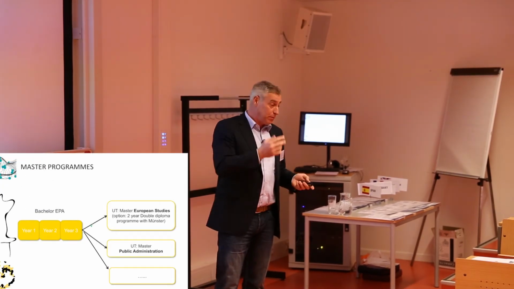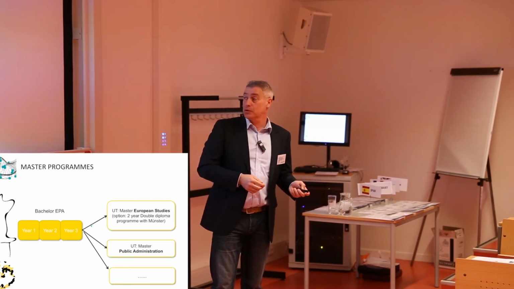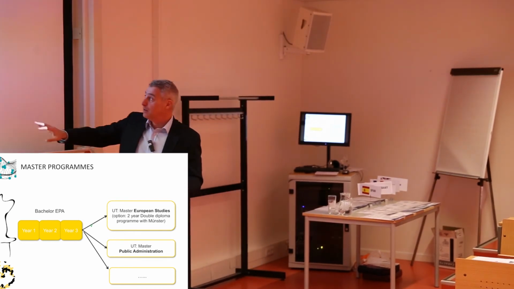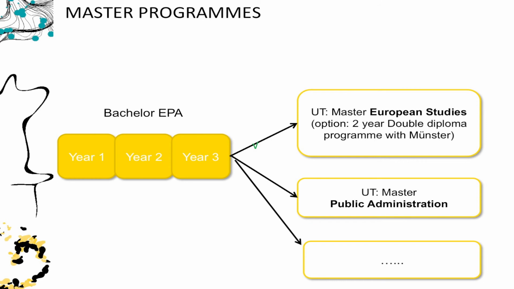You can do a master program here at the University of Twente, but also at another university. If you want to do it here, we have a master in European Studies. The 1 year master can be made into a 2 year master because we have a cooperation agreement with Münster, where you can get 2 diplomas.